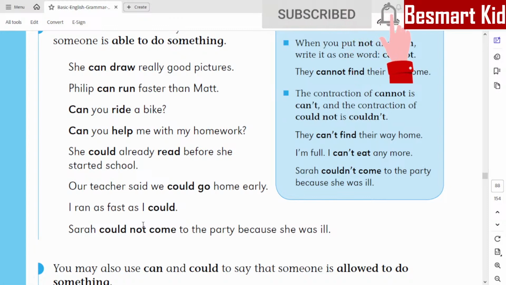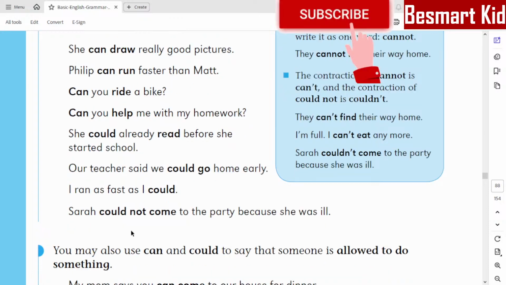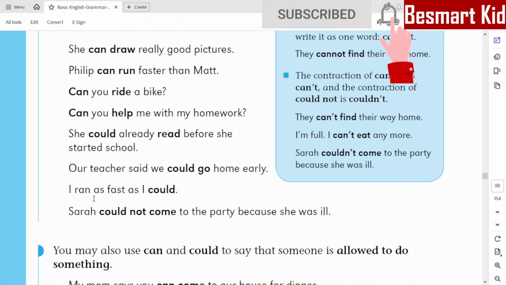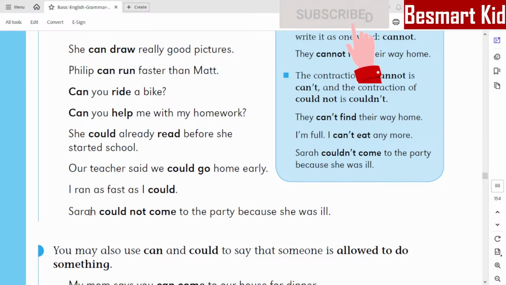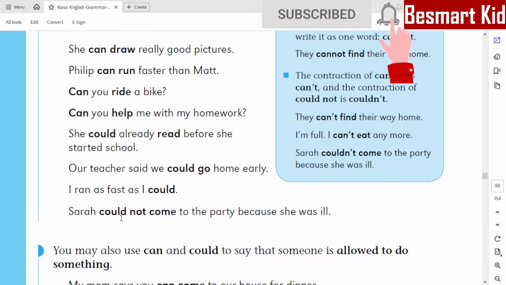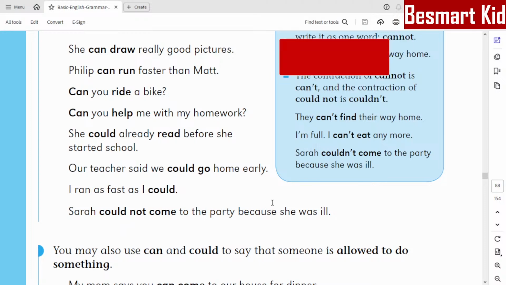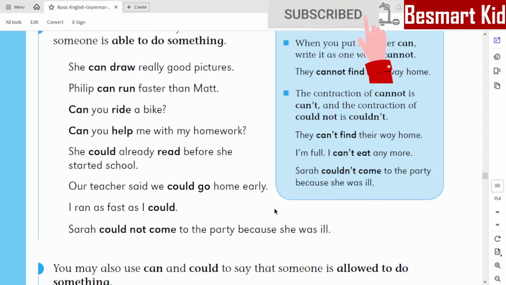Our teacher said we could go home early. I ran as fast as I could. Sarah could not come to the party because she was ill.